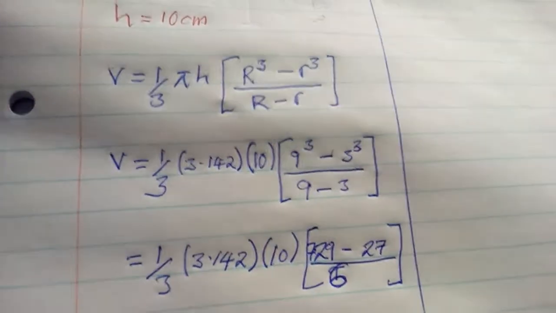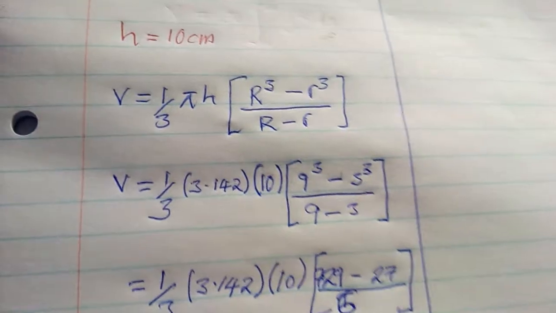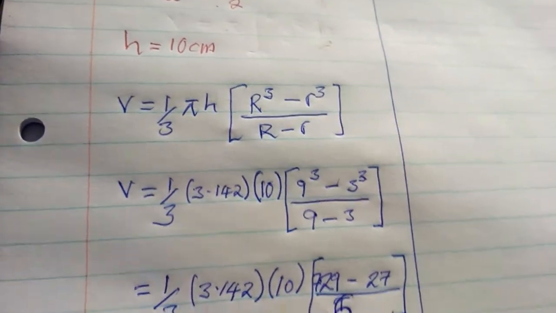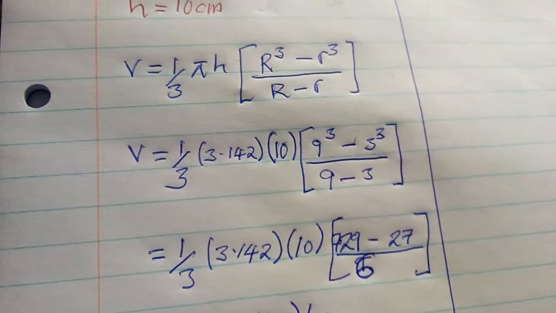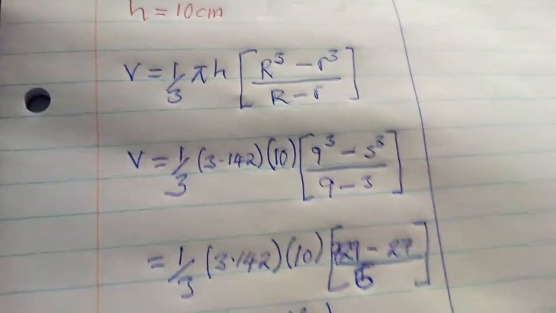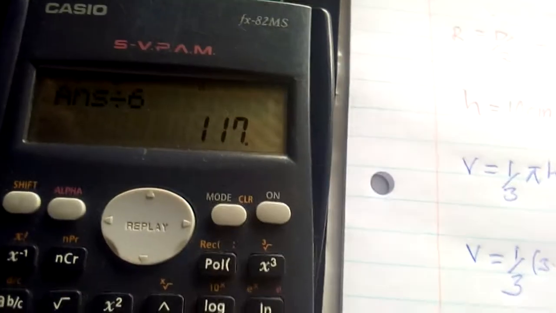So we can say now 1 over 3, 3.142 multiplied by 10 multiplied by, we remember what we have gotten here? We have gotten 117. So if that is the case, we can do our mathematics.